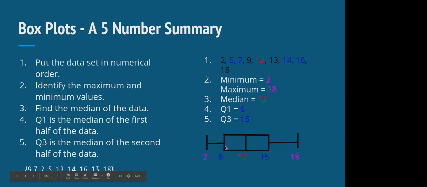That's where your box comes in. They're all medians. And then your minimum goes in front, and your maximum goes at the end. And these are the whiskers. Oh, you remember that from middle school? Box and whiskers. That's the other name for a box plot.